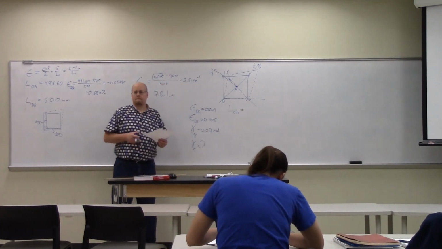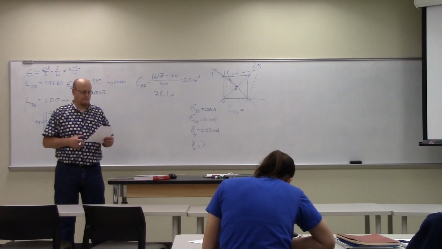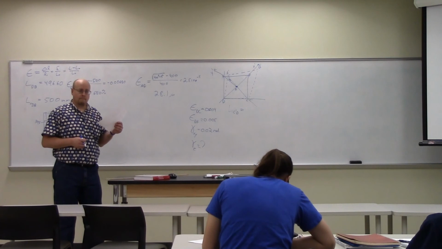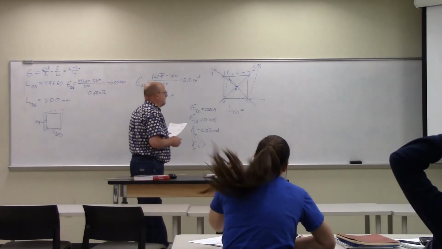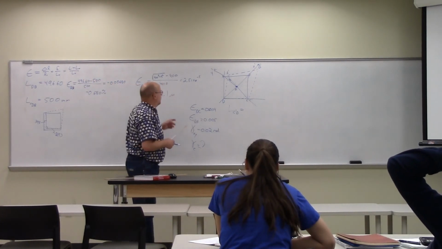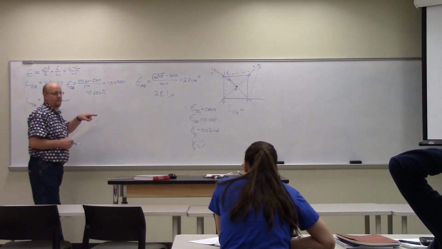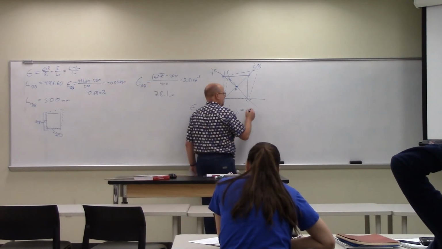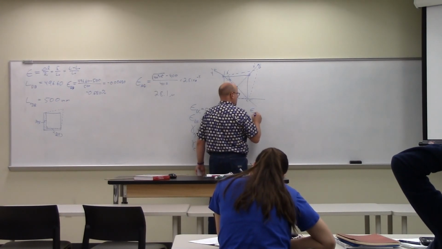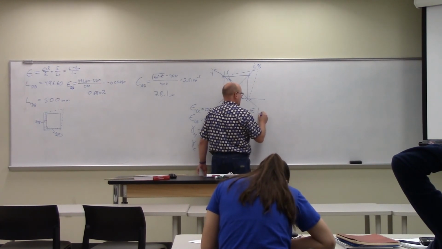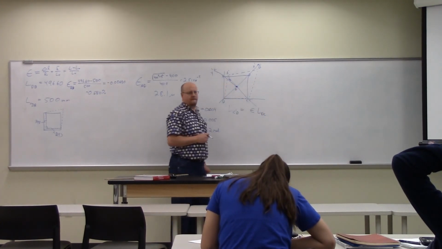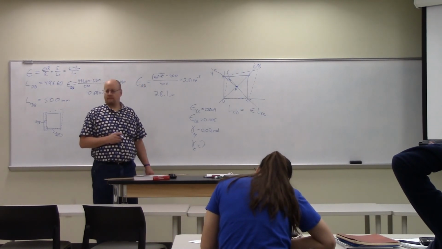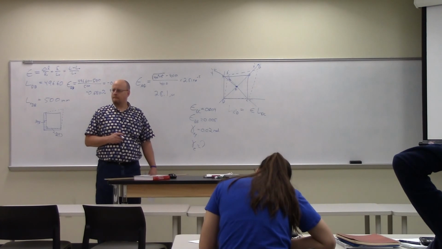How do I find the length of C prime D? You do the new length minus the original one. Okay, but I'm not trying to find the strain, I'm trying to find the length. Multiply the strain by the initial length. Multiply the strain by DC, the length of DC at the beginning, 600 millimeters.